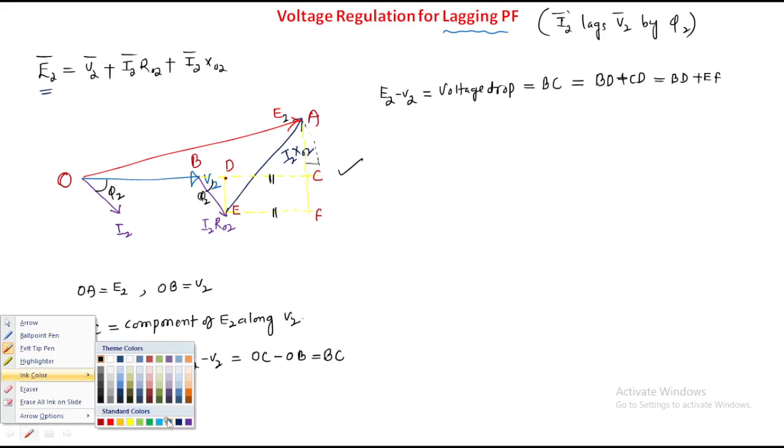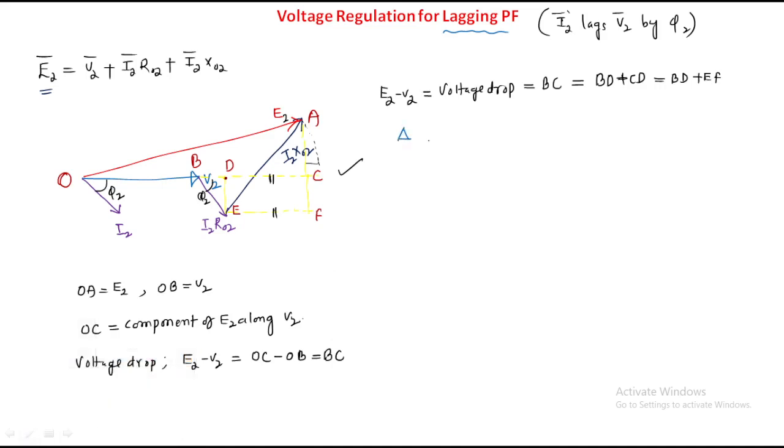We have to get it from triangle BDE. From this triangle BDE, cos phi 2 is equal to adjacent side by hypotenuse, that is BD by I2 R02, right? From this, BD is equal to I2 R02 cos phi 2. Clear?